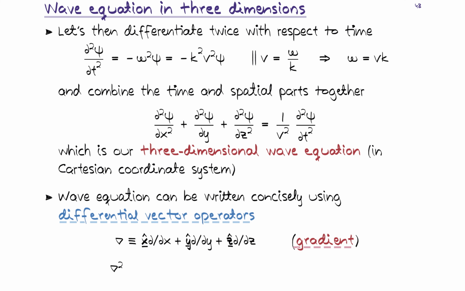Then we can also define a Laplace operator, so a triangle now squared. Basically this is defined so that we first take the gradient, and then we take the dot product. So we calculate the divergence. And this is defined as the second partial derivative with respect to x plus the second partial derivative with respect to y, plus the second partial derivative with respect to z.